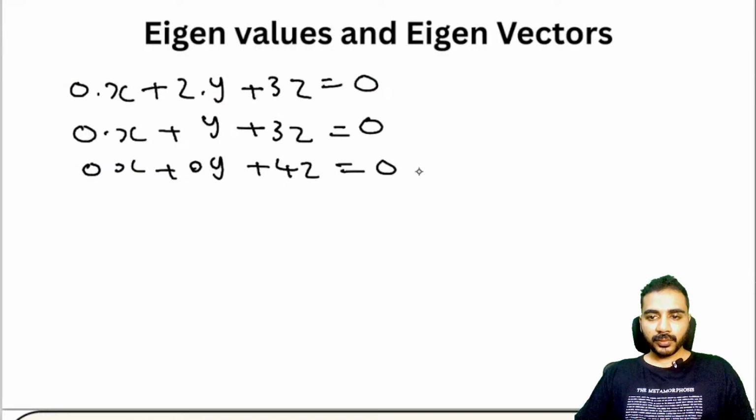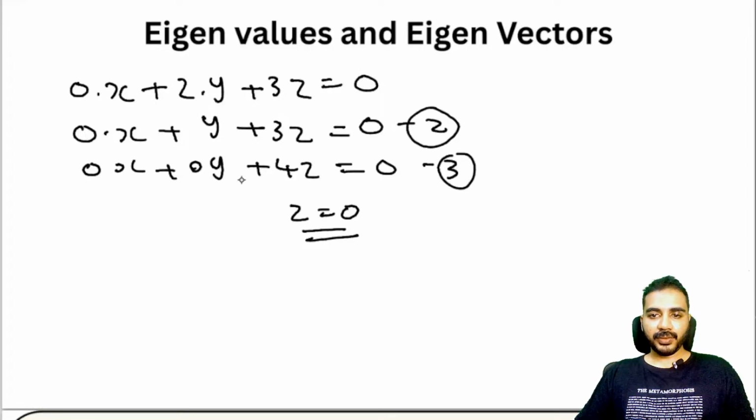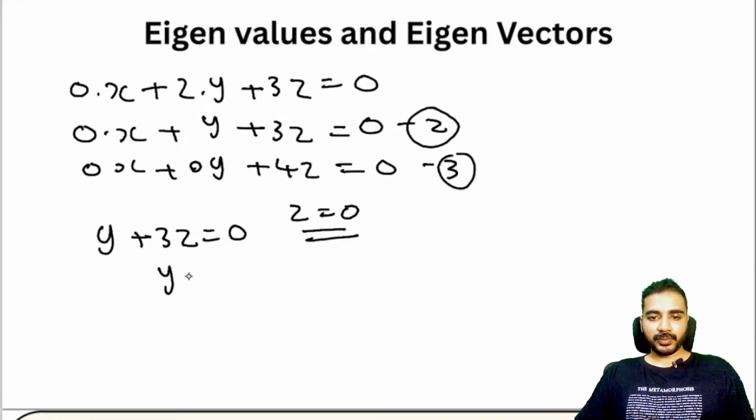From the third equation, we can write z equal to 0. Now from the second equation, y plus 3z equal to 0, so I will be getting y equal to 0. By substituting y and z, I will be getting x equal to 0 from the first equation.